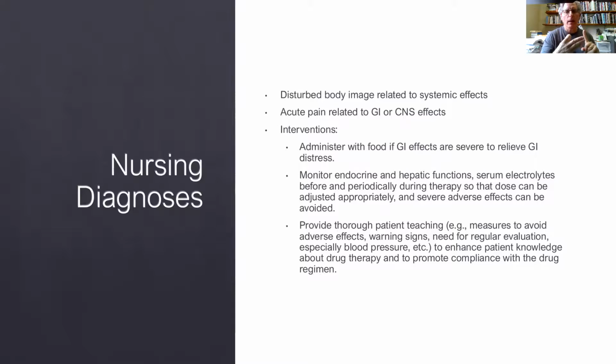Monitor serum electrolytes before and after therapy. Provide patient teaching: adverse effects, warning signs, regularly evaluate blood pressure, to enhance patient knowledge about drug therapy and to promote compliance with drug therapy.